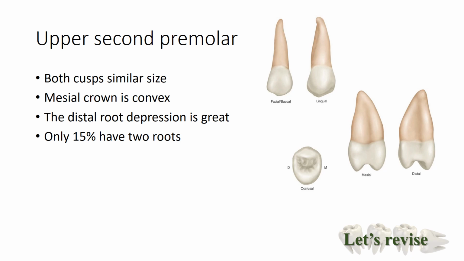So you see here on this tooth, you've got a depression that's quite marked on the distal edge. It's really going to tell you that that's your distal edge of the tooth. From the occlusal, it's a very balanced, rounded tooth. This distal root depression is going to help tell you which is the mesial and which is the distal. So you have to get used to that with your second premolar.